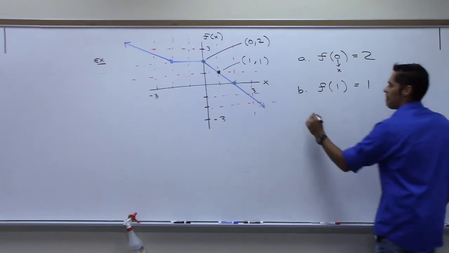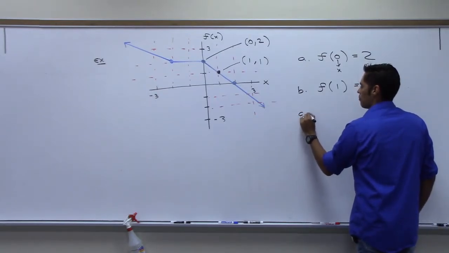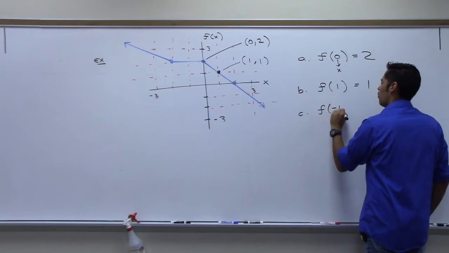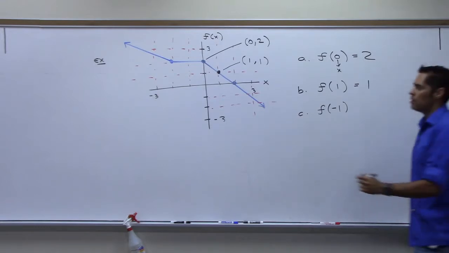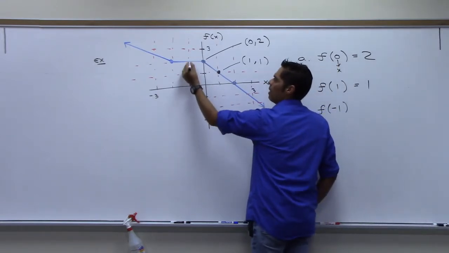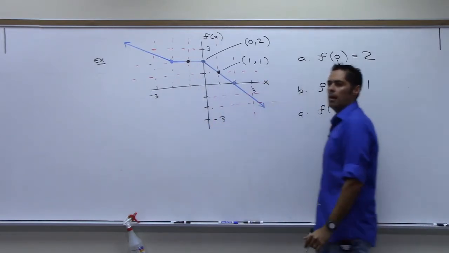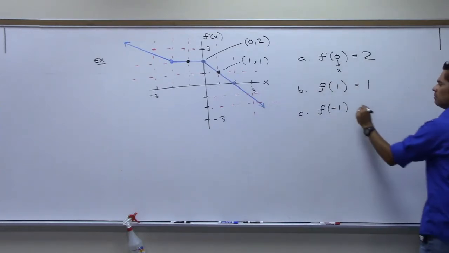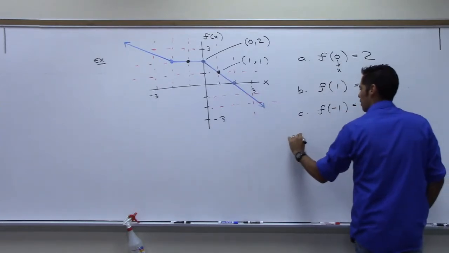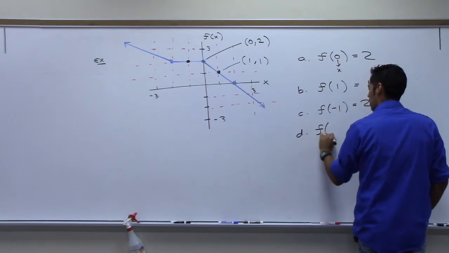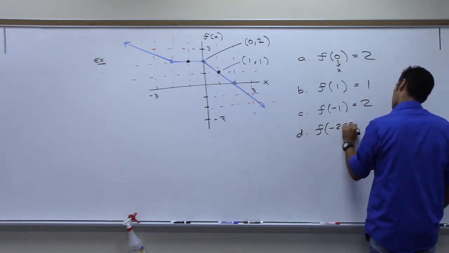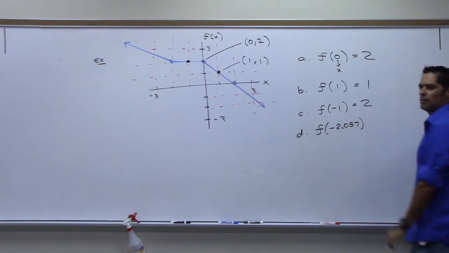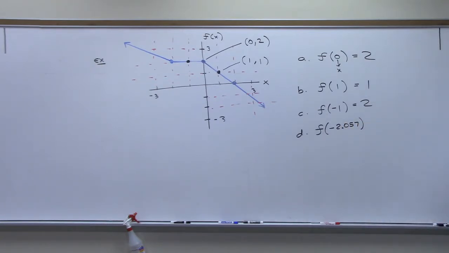What's f of negative 1? 2. Because you go to negative 1, you look up, right here. That has the coordinates negative 1, 2. What's f of negative 2.057?